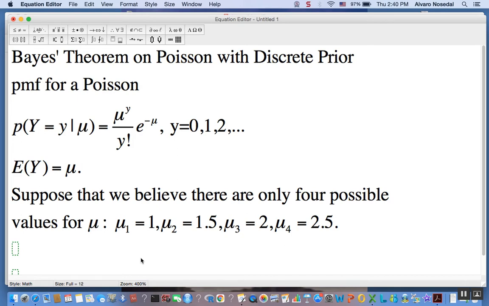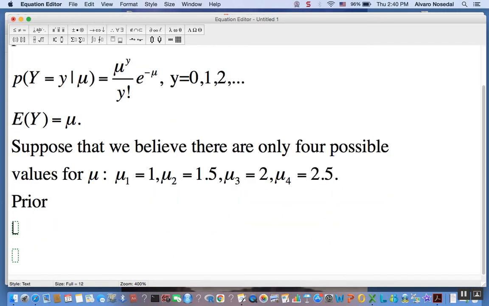Okay, so using that information, let's reflect it in our construction of the prior distribution for our parameter mu.